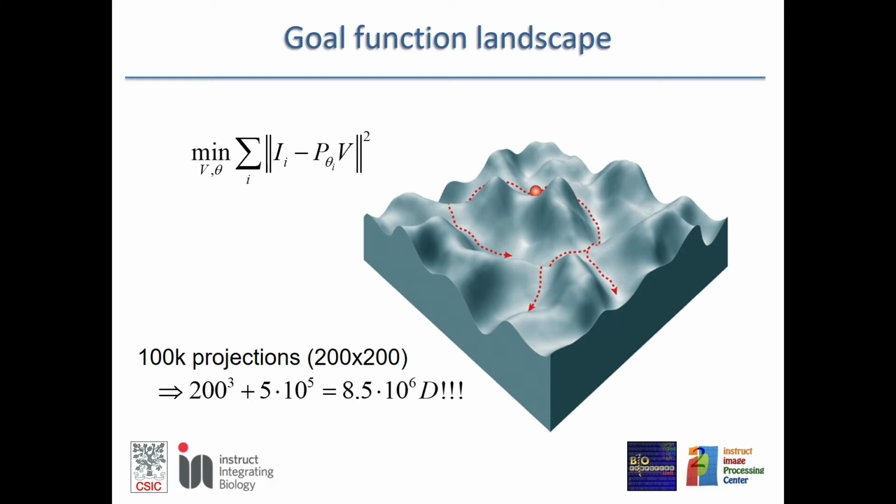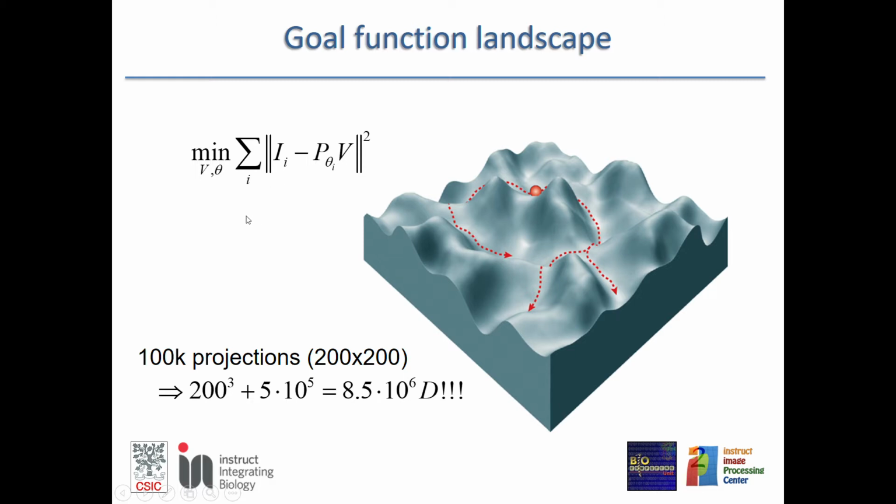So we have to minimize the error between the reprojection of the volume according to some point of view, some alignment parameters, with respect to an experimental image, and then we have to find the volume and the set of angular assignments such that the overall error between our reprojections and the experimental images is minimized.